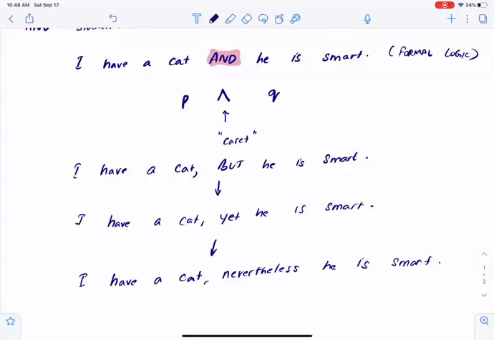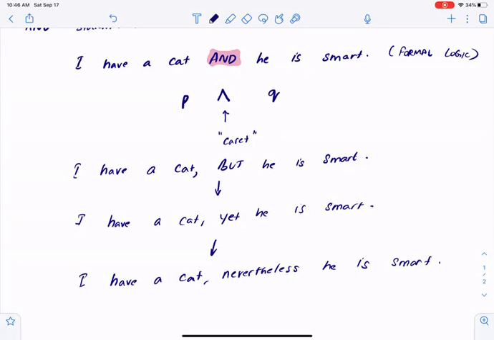All four cases are equivalent. But in terms of English, the very first one expresses confidence. I have a cat and he is smart. I know that my cat is smart and I'm putting my foot down.